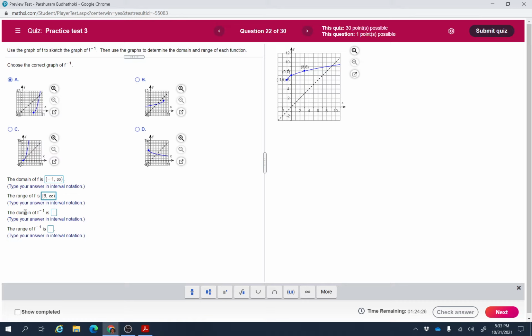Now the domain of f inverse would be, if you just switch them, the range of f, which is 6 to positive infinity. And the range of f inverse is the domain of f, which is from -1 to positive infinity. We can verify that from the graph here. Look at this, this is the right graph.